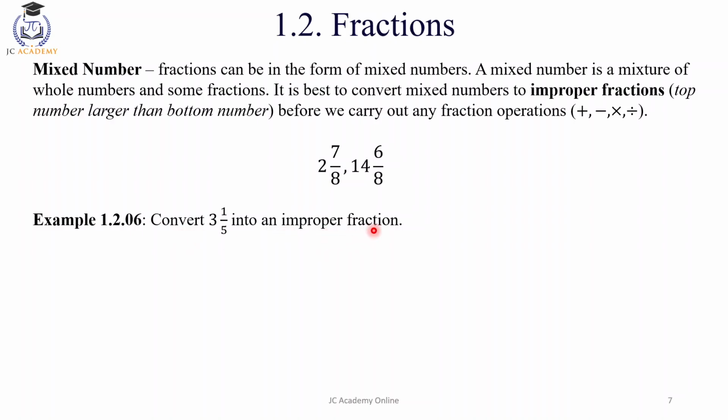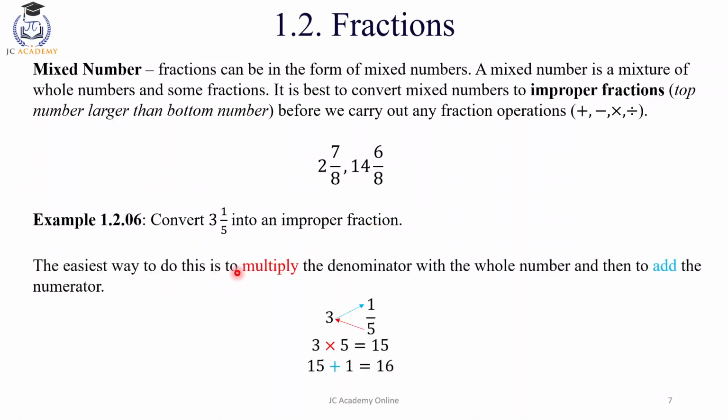To convert it into an improper fraction, the easiest way is to multiply the denominator by the whole number and then add the numerator. So put the whole number and the fraction apart. Look at the denominator: we do the denominator multiplied by the whole number, so 5 times 3. Then we add the answer to the numerator. 5 times 3 equals 15, and 15 plus 1 equals 16.